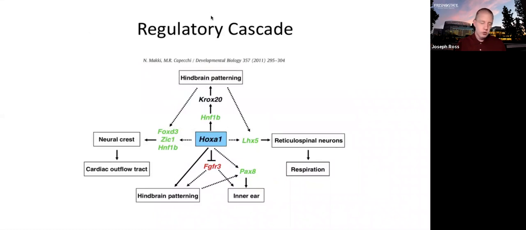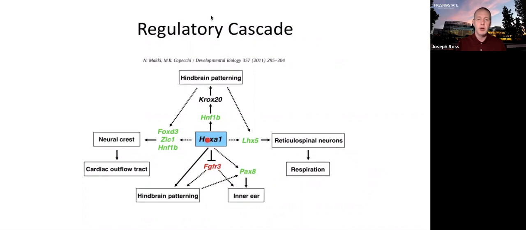So I've already described this concept then of a regulatory cascade. You can have a central protein like a Hox gene, which we're going to be talking about more in just a little bit, that influences the expression of yet other genes, and they then can provide the specification for cells to turn into specific types of cells. And those can be both activating arrowheads and also repressing, the blunt arrows.